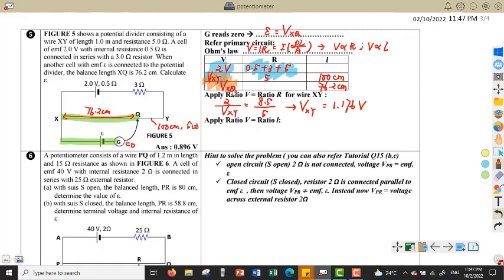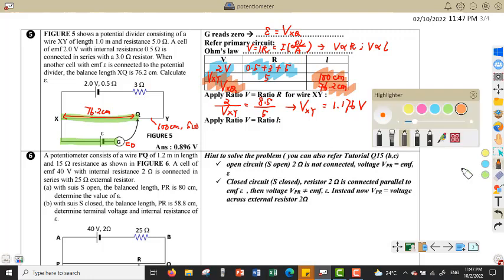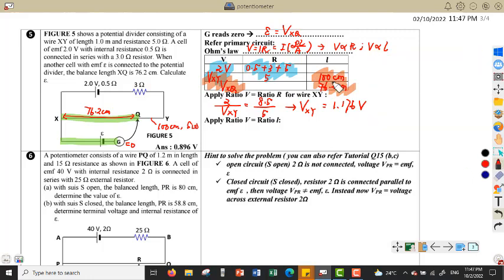This is the voltage of the wire and this is the length of the wire, for the whole wire and also the balance length. So we have 1.176 over the voltage across the balance length XQ.